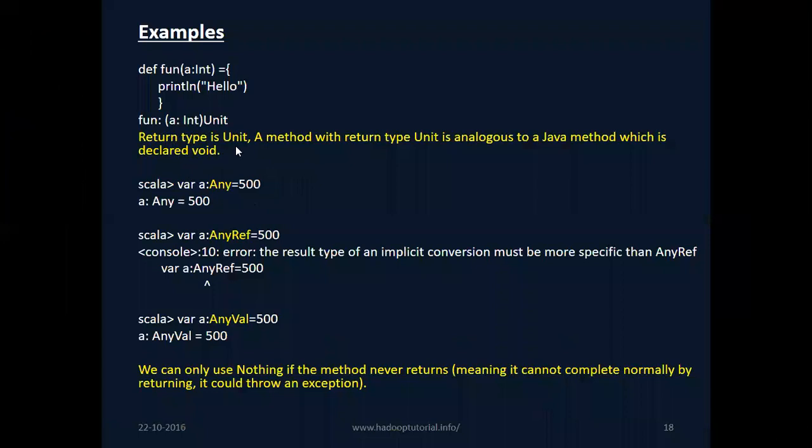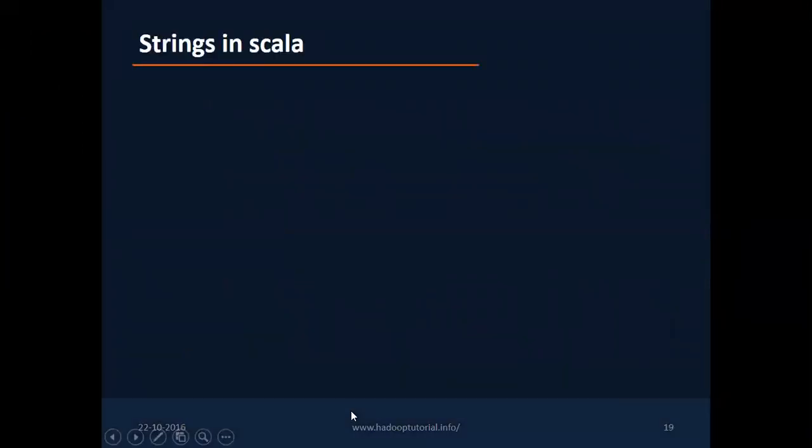Its return type is Unit, and a method with return type Unit is analogous to a Java method which is declared as void. And Nothing and Null are not much used in real time. Don't worry about them.